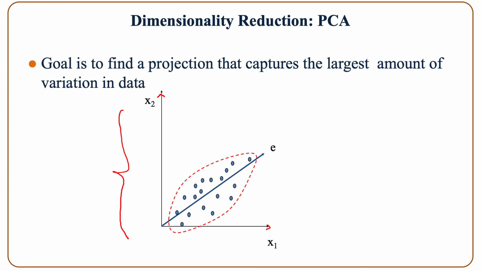You can see that the data spreads out along the vector E. So if we project the points onto this eigenvector, we could capture the largest amount of variation in data, and then from here we have only 1 dimension left. So from 2 dimensions to one dimension. In practice, we may have many different dimensions, and we could reduce to just a few dimensions.